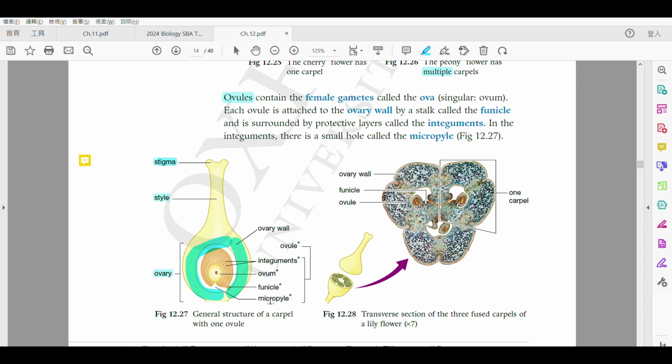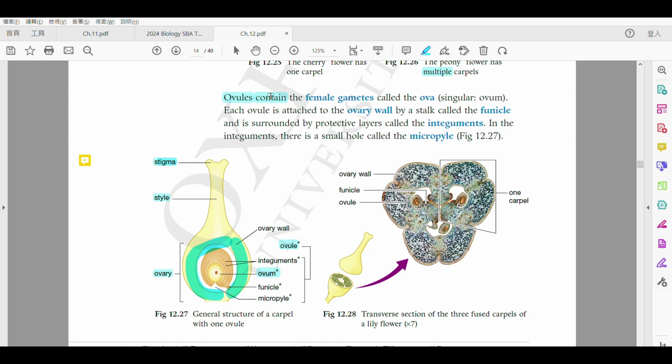The remaining part we call the ovule. But remember one thing: the ovule is not the gamete. The real gamete is called the ova. Do not mix them up. So this whole thing except the ovary wall is called the ovule.